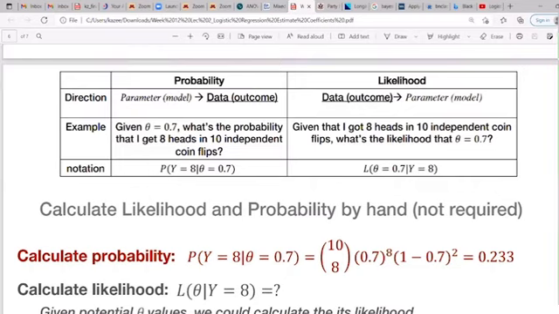Now, what I want to do is show you how we calculate likelihood and probability by hand. But I'm not going to ask you this in the exam, because if you want to estimate the parameters of the logistic regression model or any model, you're going to use software.